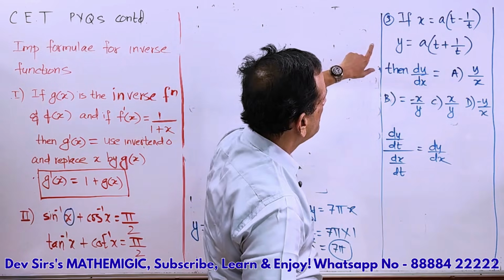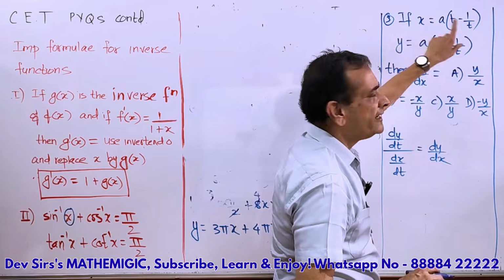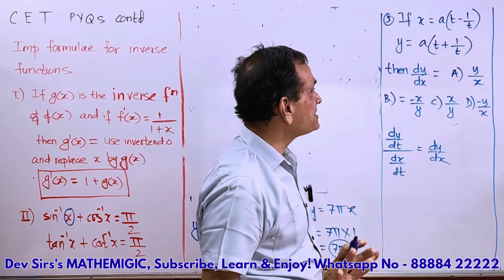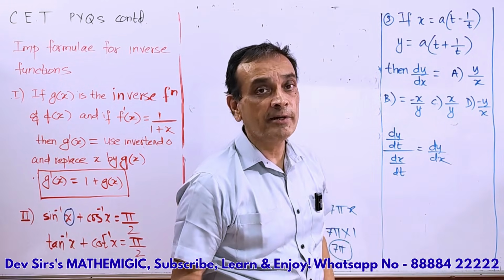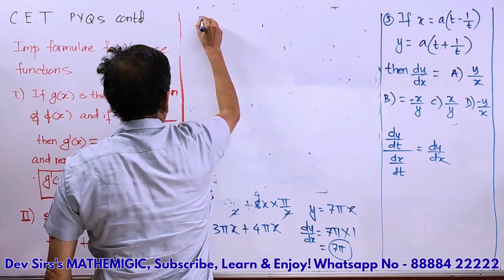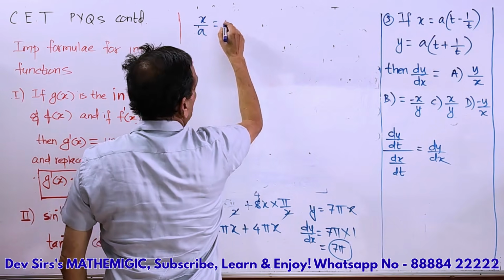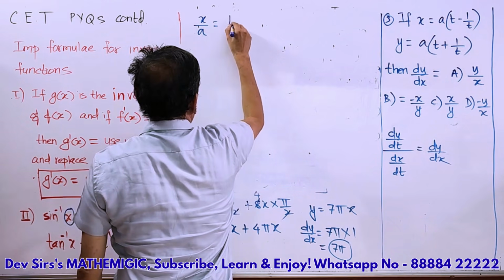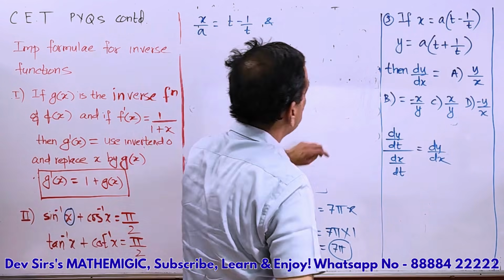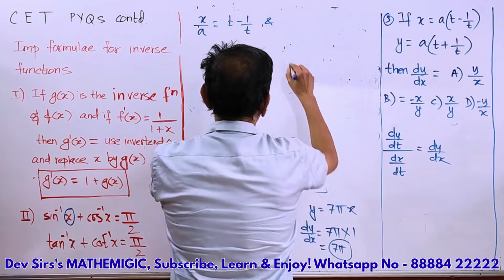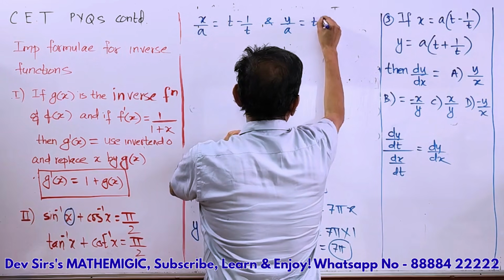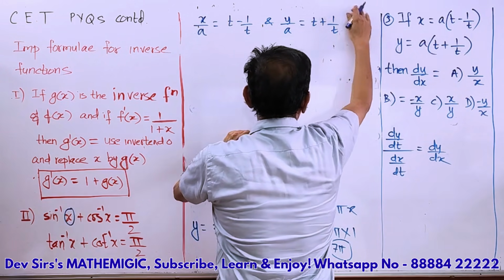So that shortcut is t को सेपरेट करो and finally eliminate t. शॉर्टकट means I am going to remove t, यानी आसान हो जाएगा. अभी t कैसा रिमूव करना है देखो, x upon a is t minus 1 upon t and y upon a is t plus 1 upon t.